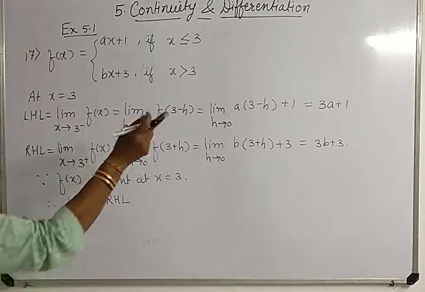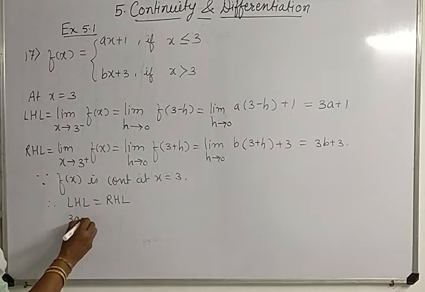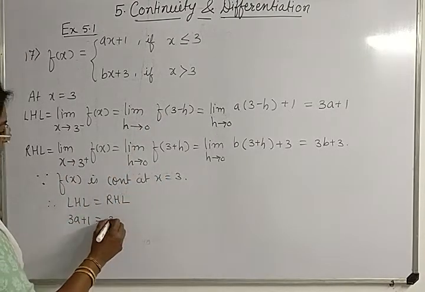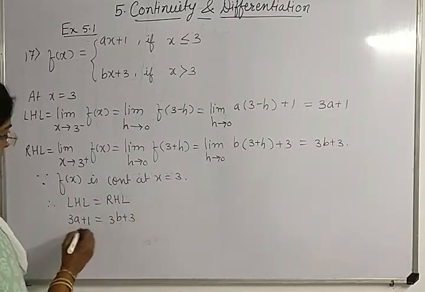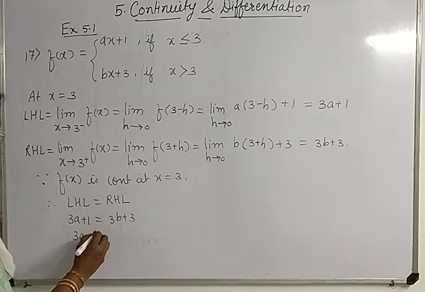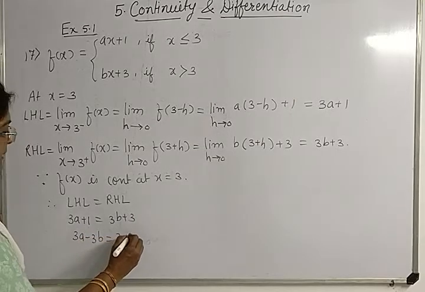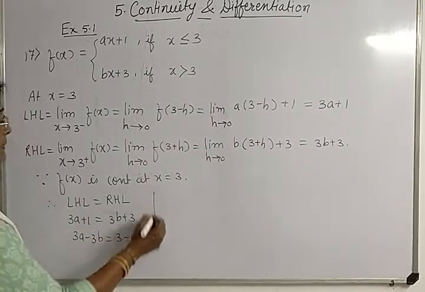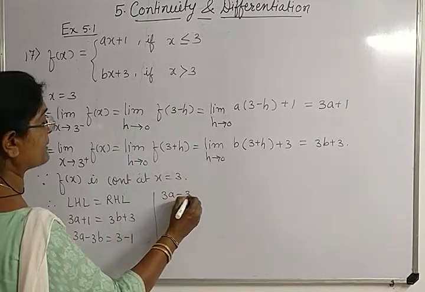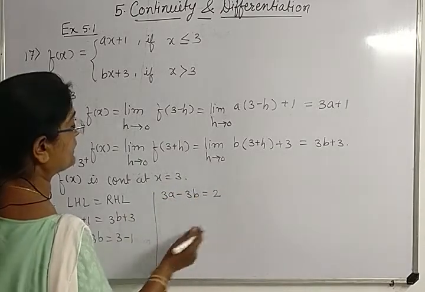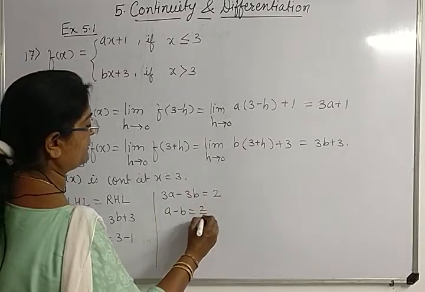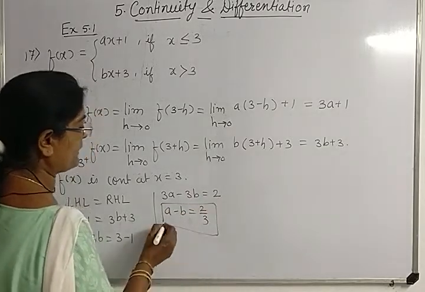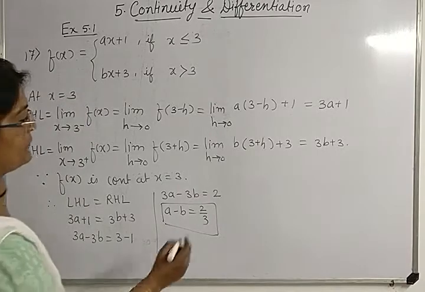Now put the value. Left hand limit is 3a plus 1 equal to right hand limit is 3b plus 3, that is 3a minus 3b equal to 3 minus 1, that is 3a minus 3b equal to 2, divide by 3. So a minus b equal to 2 by 3, and this is the relation between a and b.